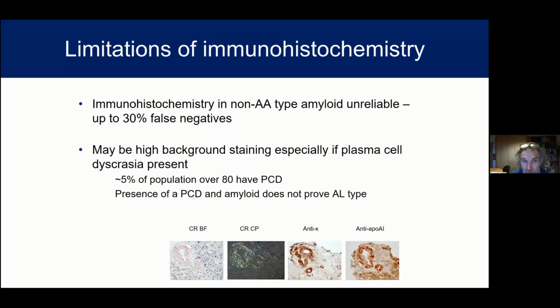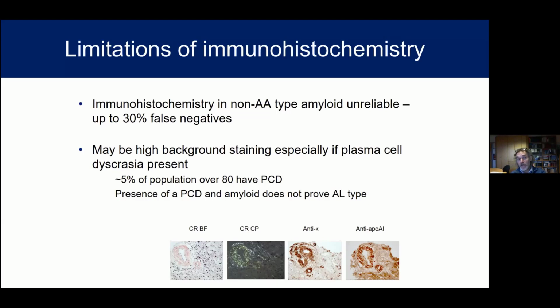So, for example, in non-AA type amyloidosis, we get up to 30% false negatives. So in AL amyloidosis, typically up to 30% absence of staining with an antibody against kappa light chains or lambda light chains.